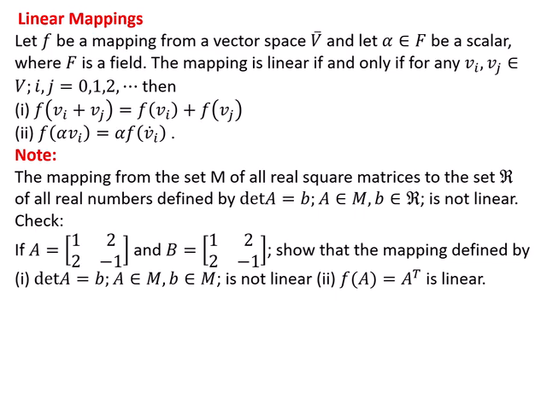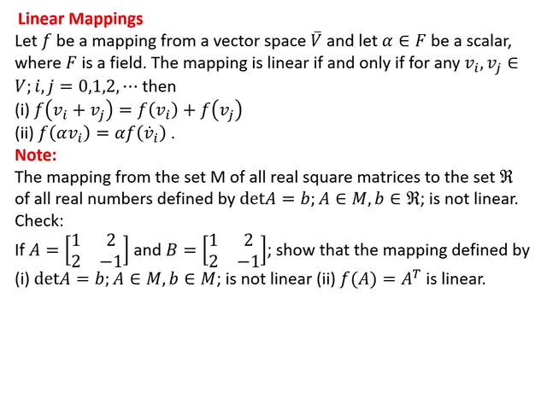We have to check that the mapping from the set N, which is a set of square matrices of real numbers, whereby the determinant is equal to B, and A is a member of the square matrices, and B is also a member of the real numbers, is not linear.